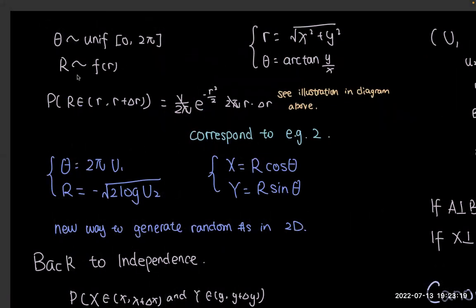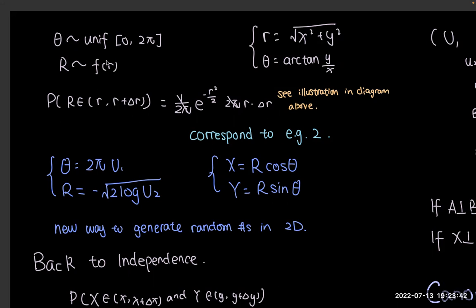And what's the distribution of r? Let's assume the density of r is f of r, where r is the square root of x squared plus y squared, and theta is arctangent of y over x, which is the inverse of the polar transformation on the previous page.